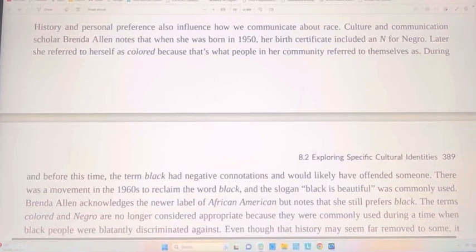History and personal preference also influence how we communicate about race. Culture and communication scholar Brenda Allen notes that when she was born in 1950, her birth certificate included an N for Negro. Later, she referred to herself as colored because that's what people in her community referred to themselves as.